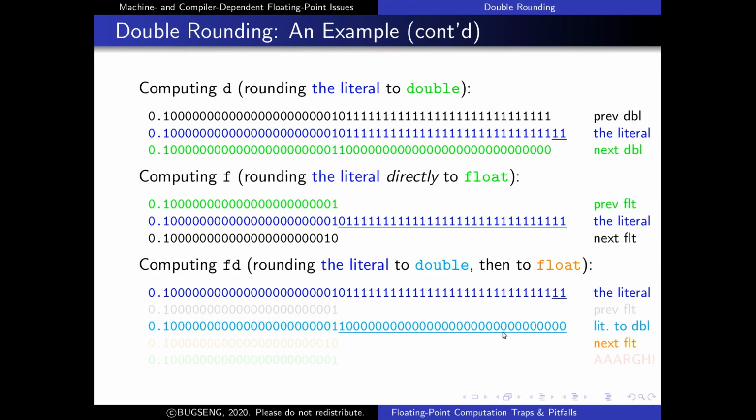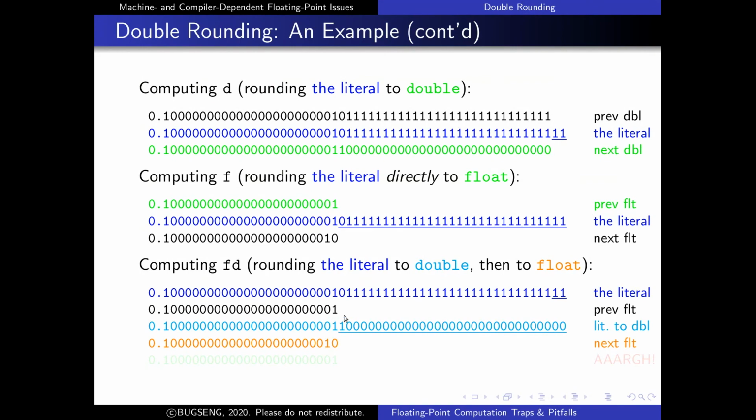Now this double will have to be converted to float. This is the previous one, this is the next one, and you can see that this time they are at the same distance. You remove the 1 in this position and you get to the previous float.